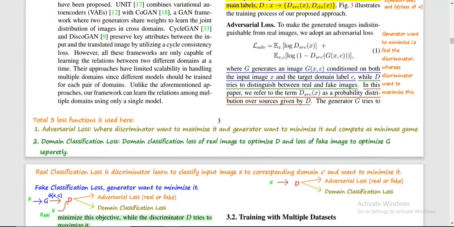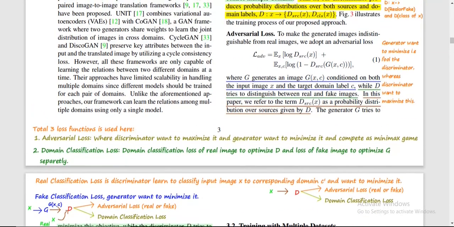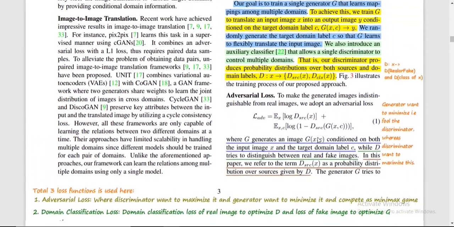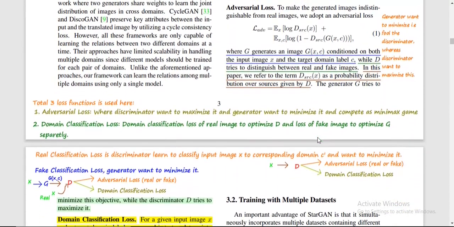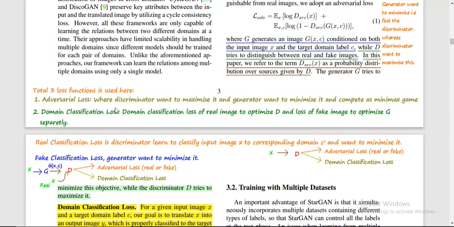So altogether there are three loss functions used. There is one adversarial loss, where the discriminator wants to maximize it and the generator wants to minimize it, and they compete as a minimax game, right? And I already said they use the auxiliary classifier GAN. So there is another domain classification loss that is produced by the discriminator: whether the generator generates a fake image that belongs to the targeted domain correctly or not, that is given by the domain classification loss.